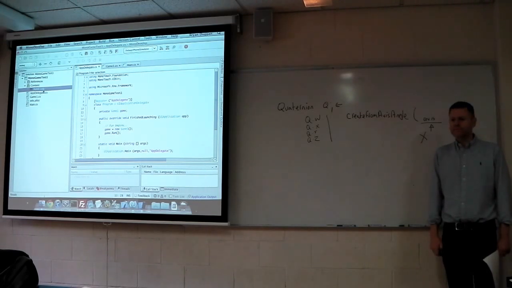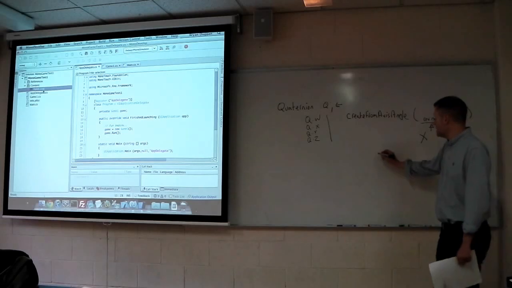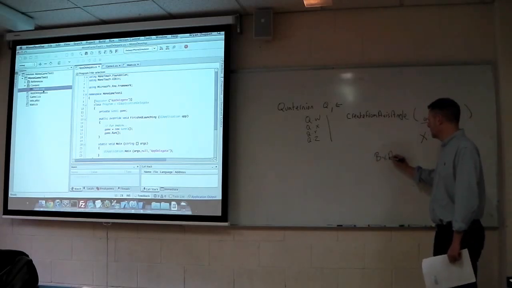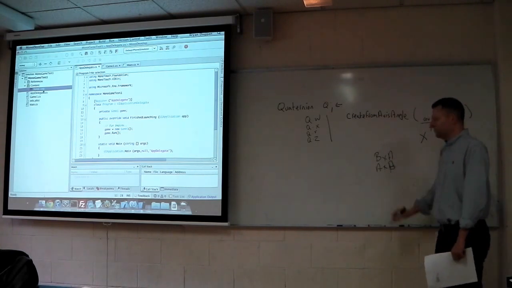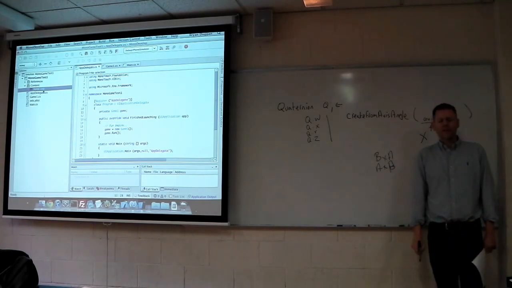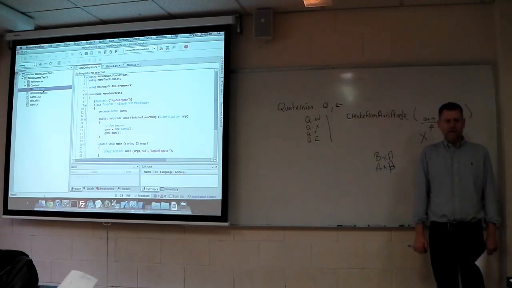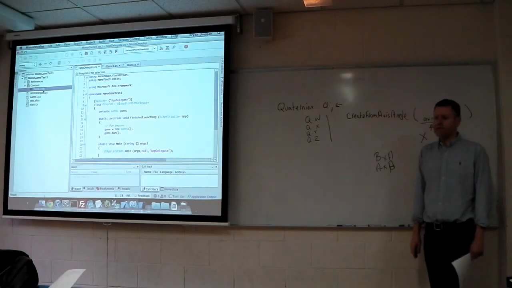Does it matter? If you do A crossed with B, is that the same as B crossed with A? No. So what's the difference between A crossed with B and B crossed with A? The direction of the axis. Exactly. It'll give you the direction of the vector that you get back, right?